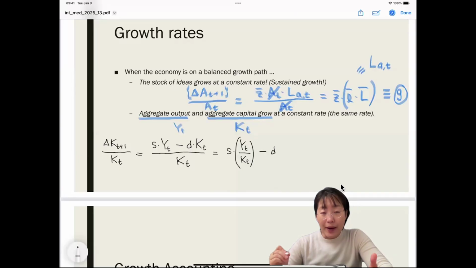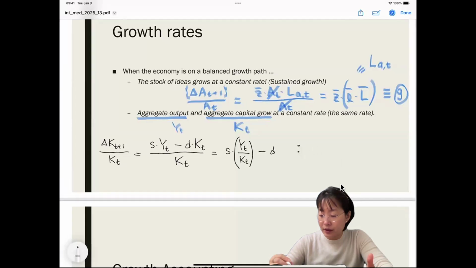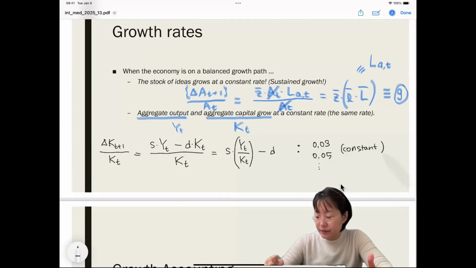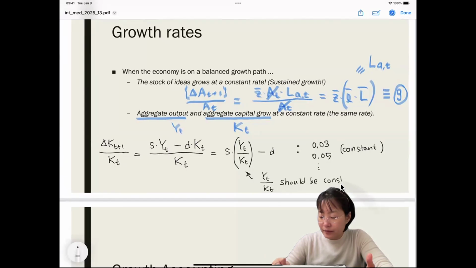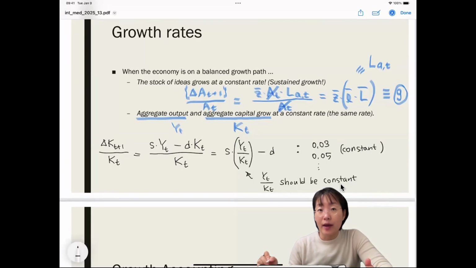And on the balanced growth path, this should be constant. So this should be some number, right, like 0.03 or 0.05, something like that. So constant. What does that mean? This ratio, y sub t over k sub t, should be constant. Okay?